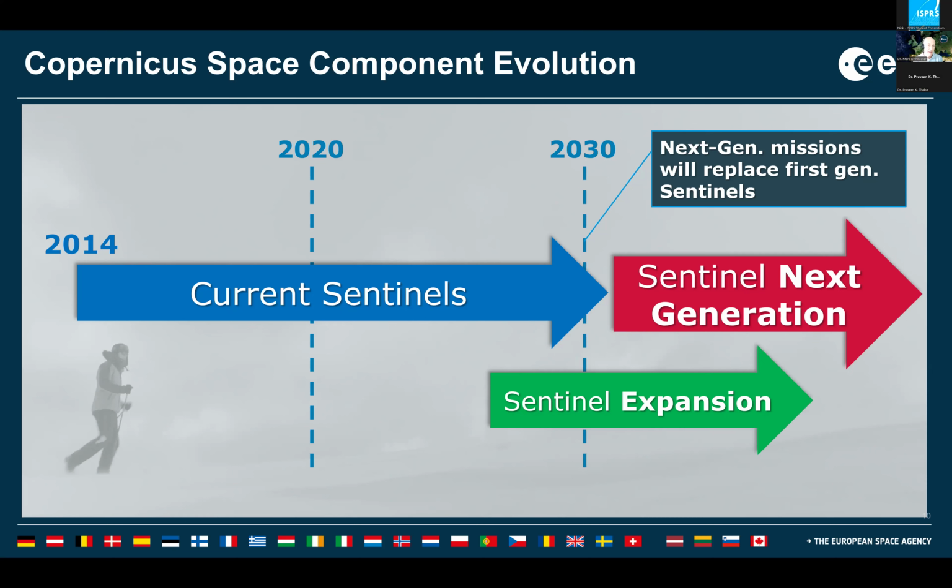These will be replaced in the early 2030s by the next generation Sentinels, and they're currently in development right now. In addition, we have the green Sentinel expansion, which will start to come online in around 2027, 2028. And I have a slide illustrating later the series of 6 satellites within the Sentinel expansion, which will help to complement some of the cryosphere parameters that we're interested in.